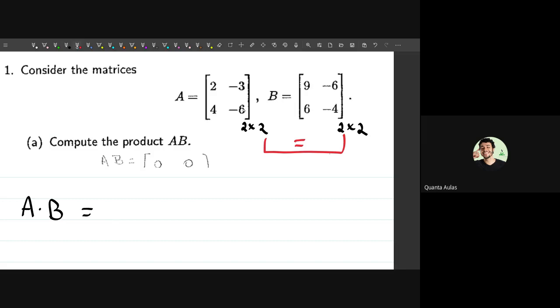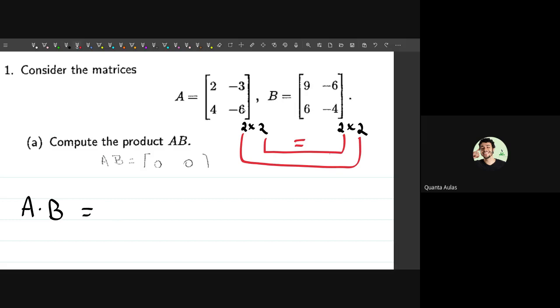These 2 numbers need to be equal to do this calculation, and your answer will have 2 lines and 2 rows. So these numbers need to be equal, and these numbers will be the size of your matrix.